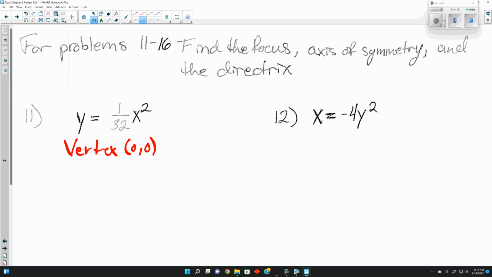Because if we look at the two general forms, here we have y equals, so the focus is our point 0, comma, p, the value of p. Our directrix is y equals negative p.